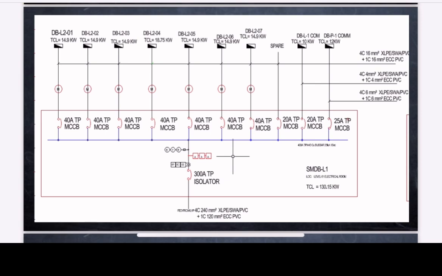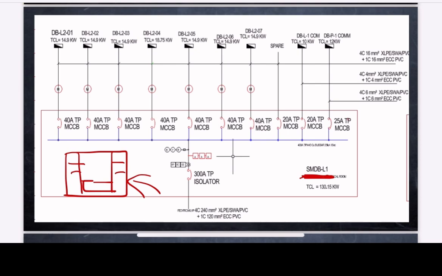If you remember, we designed this SMDB in part 6 or part 7. We took a floor that has 6 single bedroom apartments and 1 double bedroom apartment, and based on this we calculated and designed the SMDB.